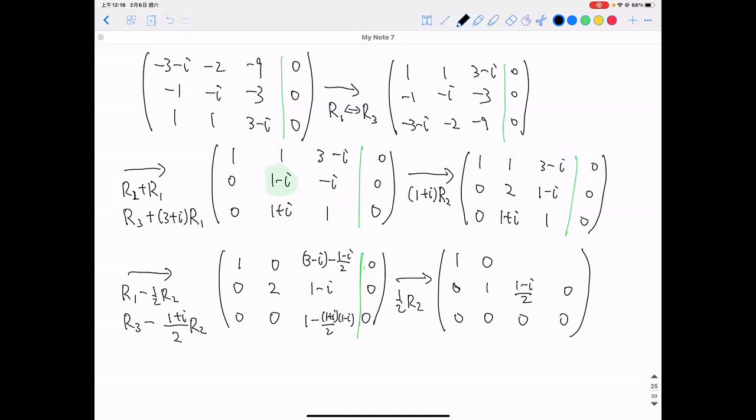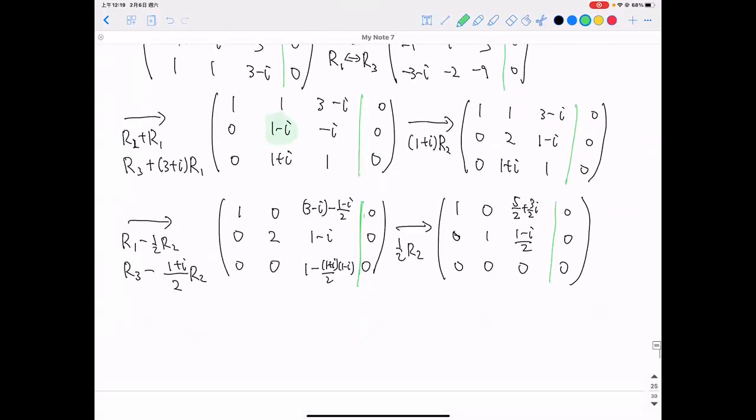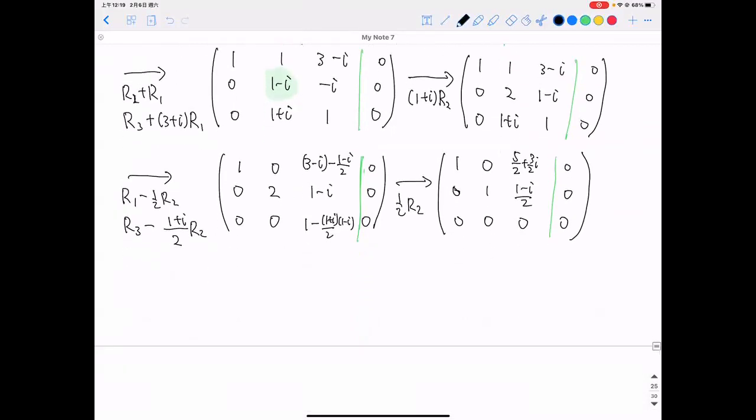So now we have 3 minus half, 2, 5, and I have i plus a half i, like that. Okay, let's see here. I think we can now proceed to solve the equation.